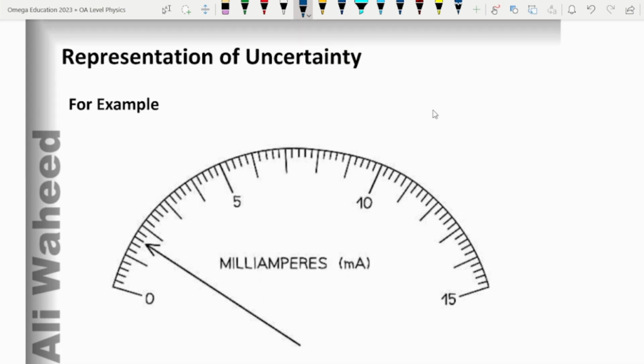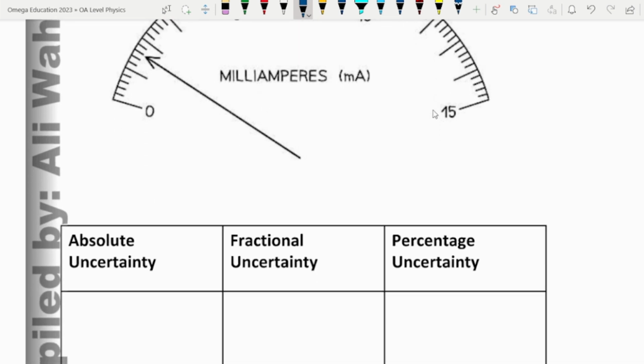Representation of uncertainty. In your A-level physics exam, they can ask you the question of uncertainty in 3 different ways. Either they can ask you to find the absolute uncertainty, or the fractional uncertainty, or the percentage uncertainty.